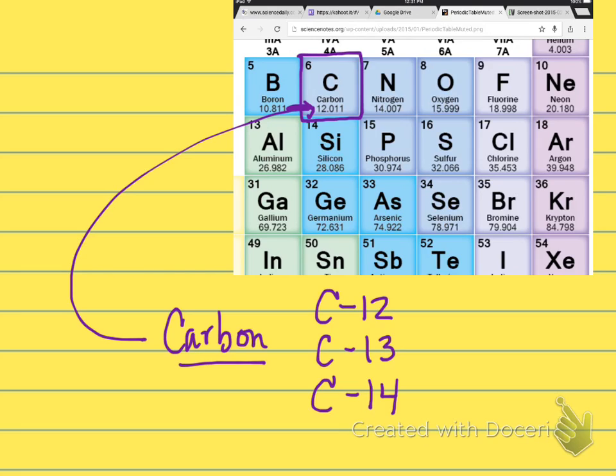Does that mean that somebody has the thoroughly boring job of measuring every carbon atom on the planet? No, it couldn't be done. It's an average based on the known abundance of the isotopes of carbon that exist. So, though the average mass of carbon is 12.011 AMUs, a single atom of carbon will have a mass of 12, 13, or 14.